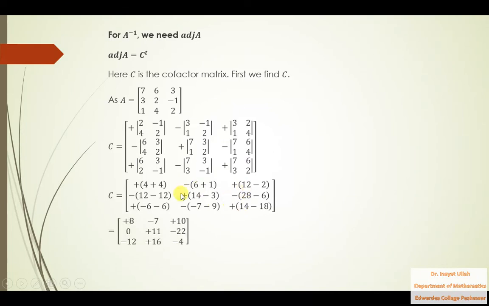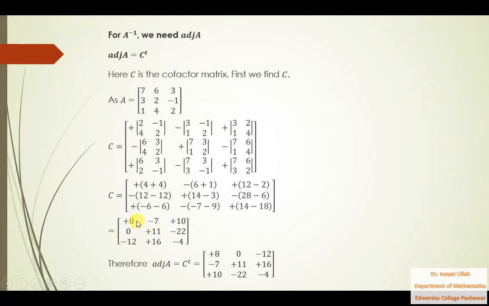Simplifying, you'll get C is equal to this. Therefore, the adjoint of A, which is actually the transpose of this C, will be just like this. This is C, and the transpose of C will be obtained by interchanging corresponding rows and columns.